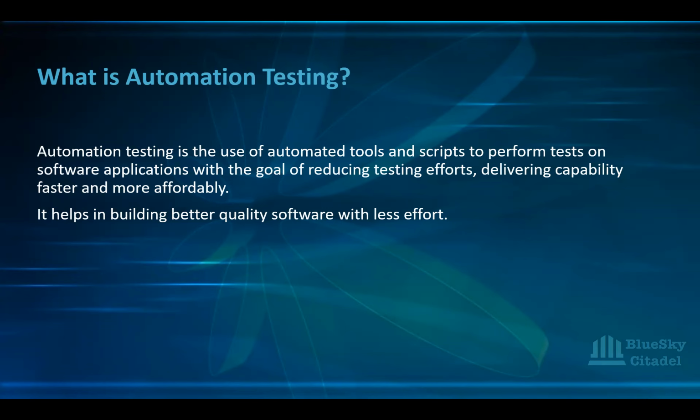Do you understand? So when you apply an automation testing software to help you do that, the effort is reduced and it saves money. But we're going to get to the benefits and use of automation testing.